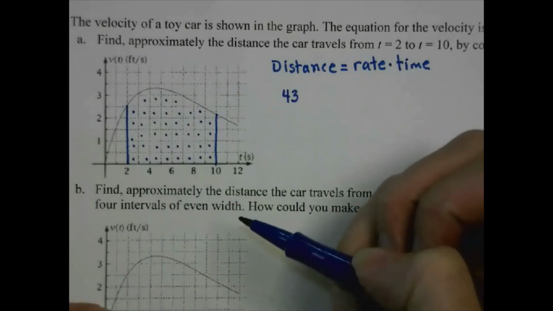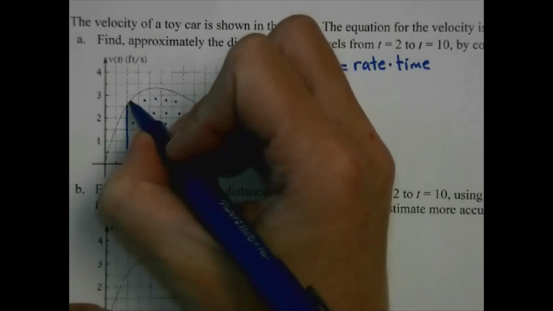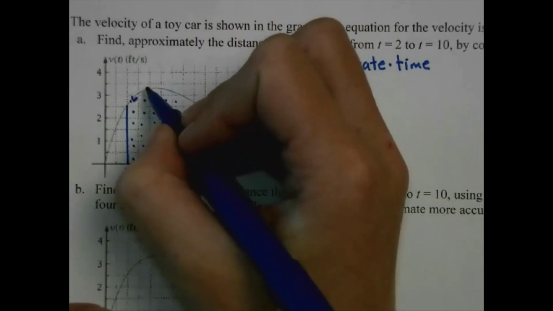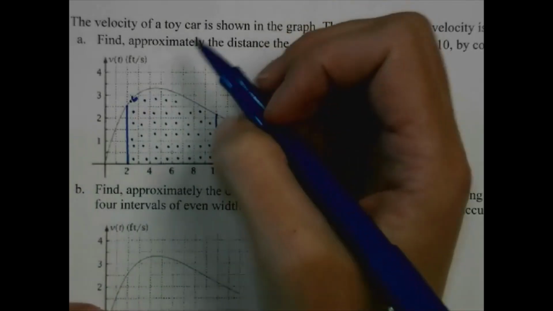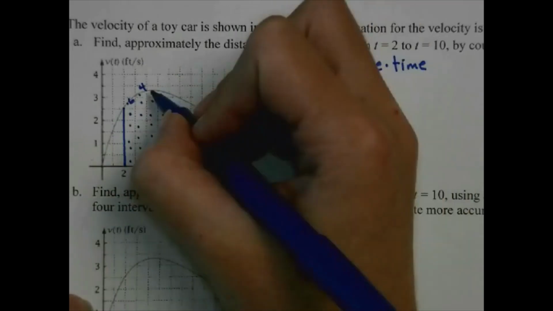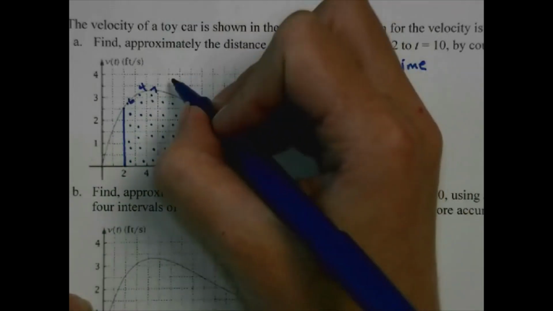So just estimate to the nearest tenth about how much you think each box is. So like this one, it's a little bit more than half, so I'd say it's like 0.6. This is less, and so on. So maybe about 0.4, maybe 0.7.